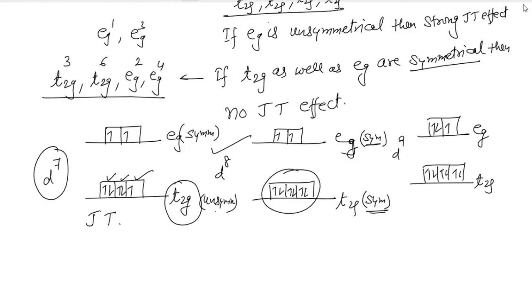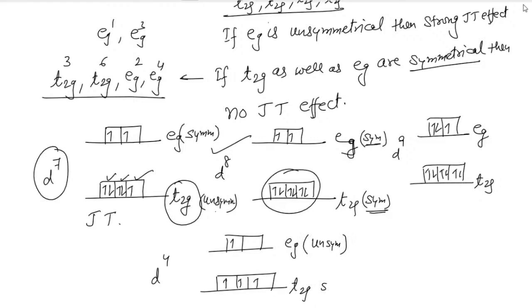But in D4, D9 again there is unsymmetrical arrangement. Like in D4, obviously in T2G it is symmetrically arranged, but in EG there is 1 electron and the other is vacant. So it is unsymmetrical and this one is symmetrical. Okay.